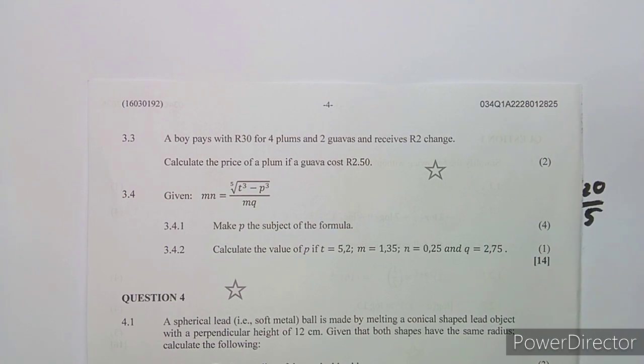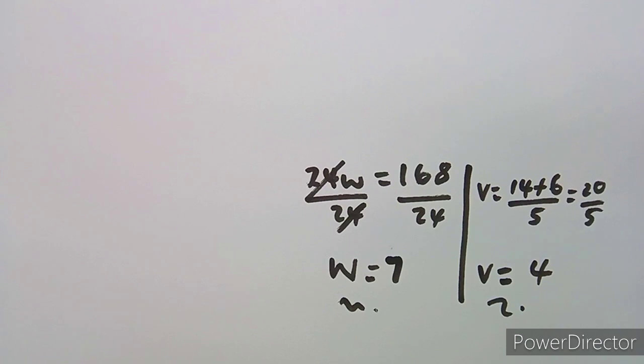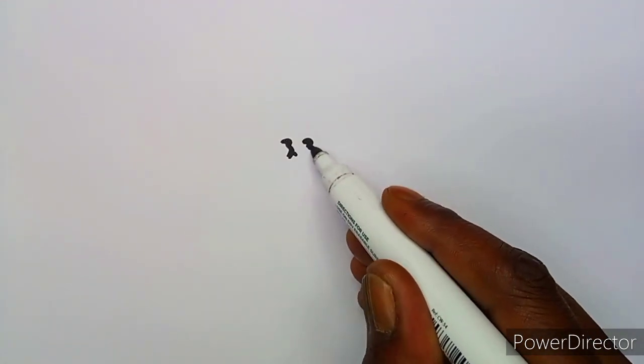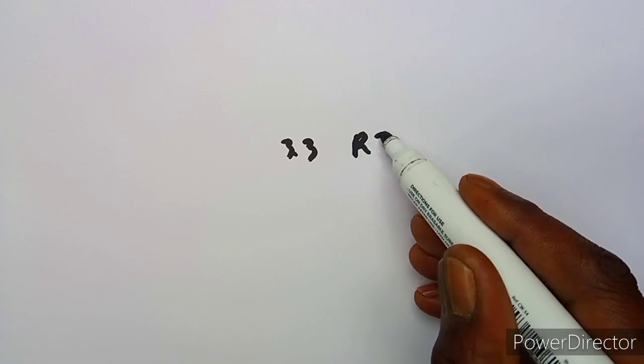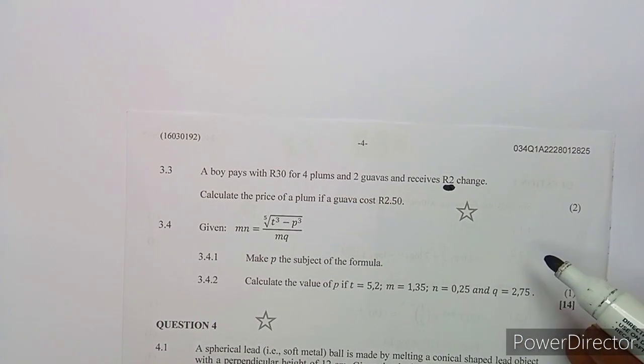So let's start with knowing the amount of money that was actually used before we talk about anything here. This is 30 rand in pocket. Then if there is a 2 rand change, it means we are going to subtract that because it's a change.